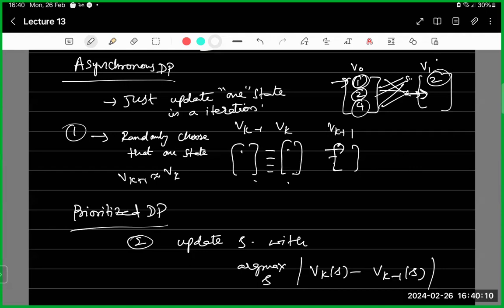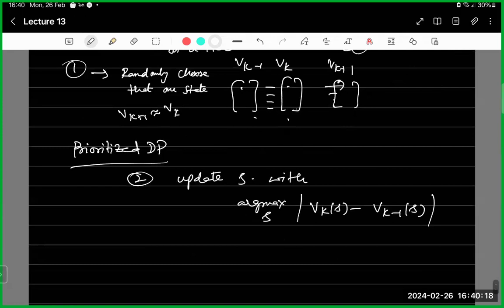If the same states get selected for a few successive iterations, the update will be different compared to what the previous update is. But you have to do it in a meaningful way. This is one way of doing it. You just look at the error and whichever component has the highest error, you prioritize that state to be updated. Okay.